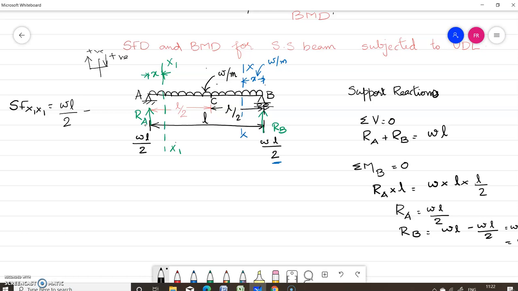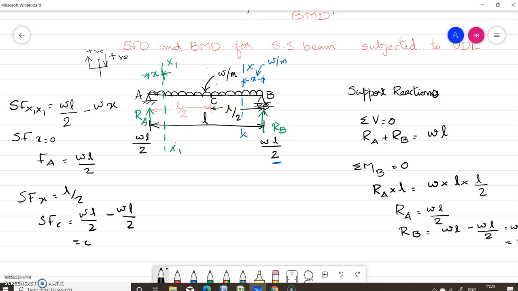The shear force due to this load for x distance is left downwards, which is negative, minus W into x. Now we can find out the shear force at x equal to 0. That is shear force at A is equal to plus WL by 2. Shear force at x equal to L by 2, that is shear force at C, is equal to WL by 2 minus W into L by 2, which is equal to 0.